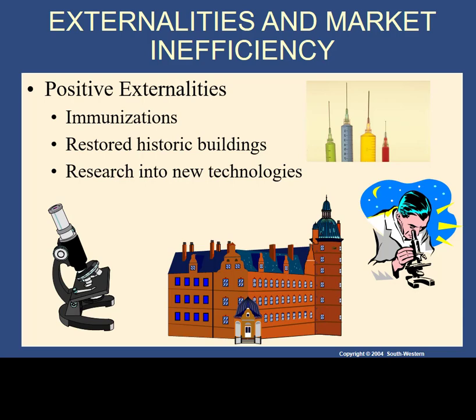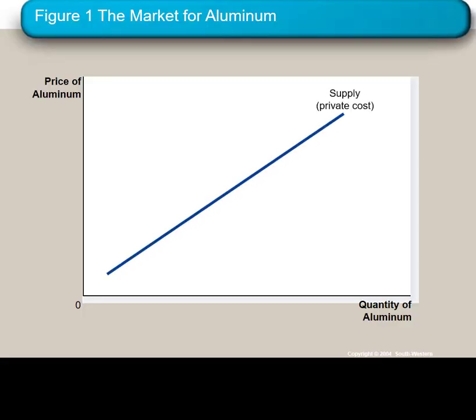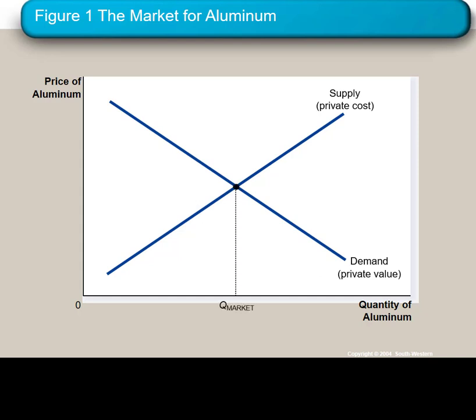Remember, the third-party benefit could be directly to consumers, but it could be to producers too, because they're part of society. So let's do an example. The supply curve reflects the seller's private costs, and the demand reflects the buyer's private value for the good. And this is our market equilibrium and our market quantity.